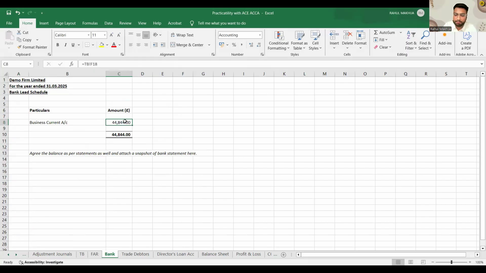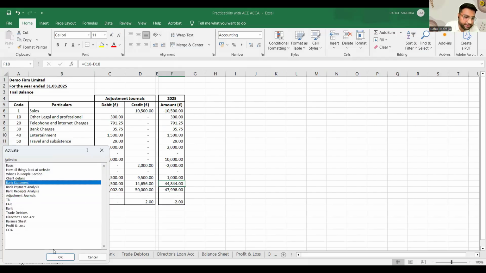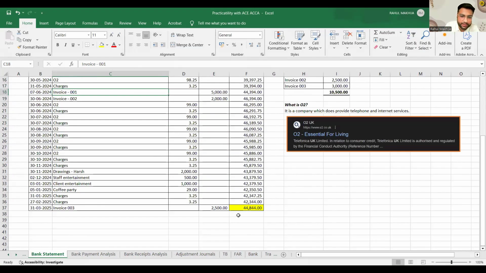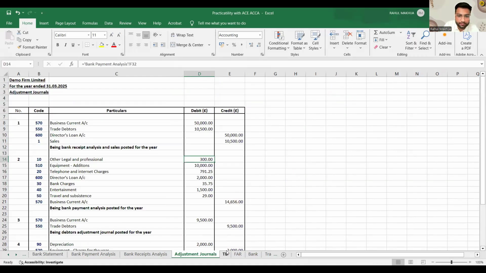Okay, so now bank. We have linked bank to the trial balance. If you look at the closing figure here, it comes to 44,844. And if we move ahead with the bank statement, its closing figure also comes to 44,844, by which we can confirm that we have recorded all the bank payments and receipts accurately.